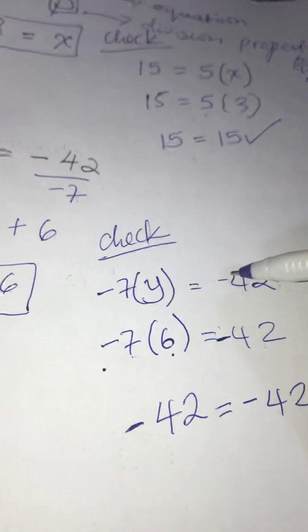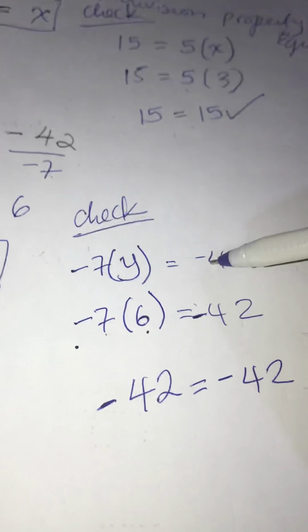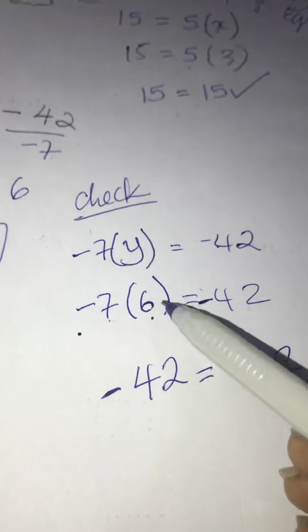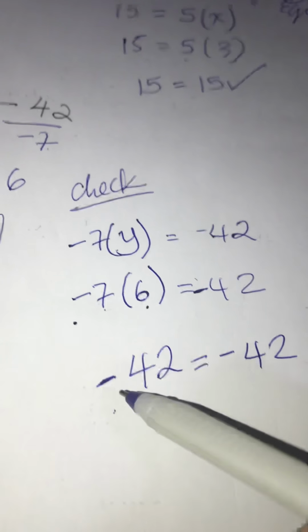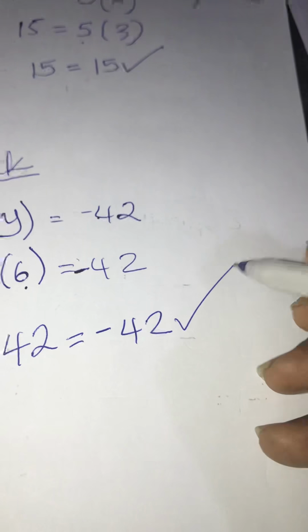So, you see, this is negative 42. A negative multiplied by a positive is negative 42. Negative 42 is equal to negative 42. This is correct. Okay, one more. Let's do C.